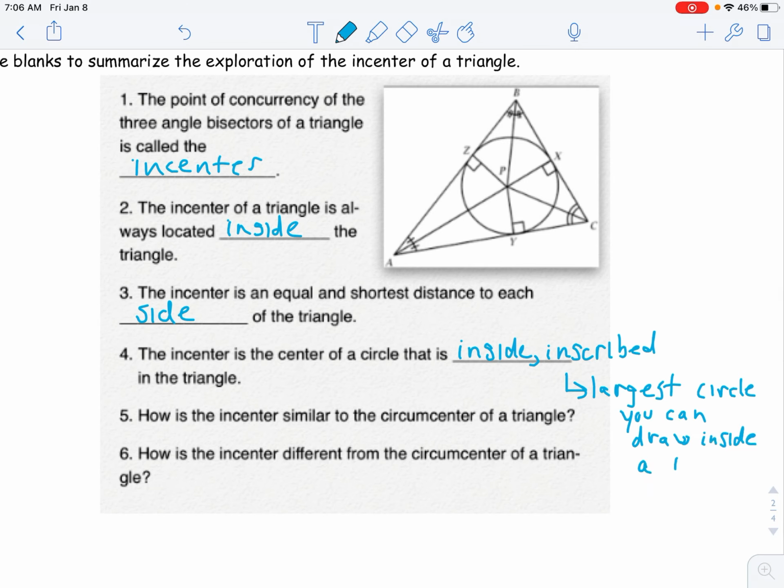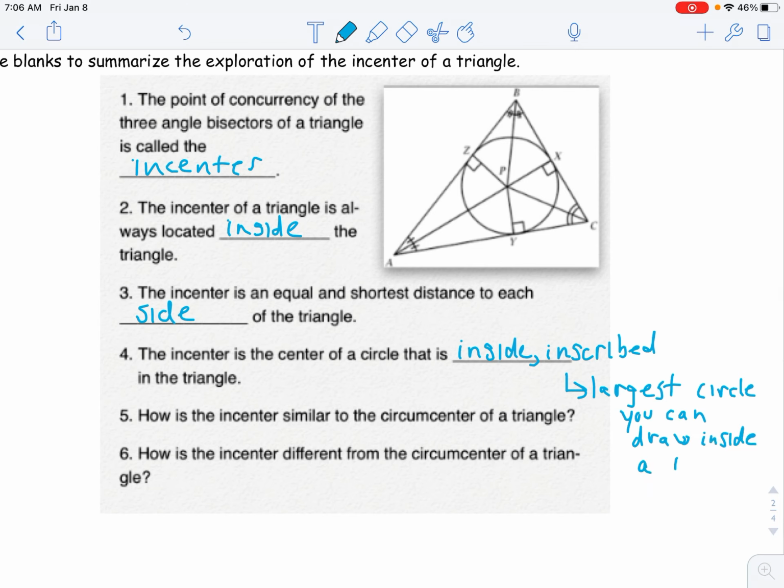How is the incenter similar to the circumcenter of a triangle? So let's actually take some time and be a little bit thorough on this, all right? Let me think about how I want to do this.